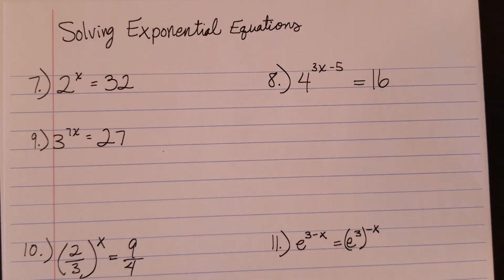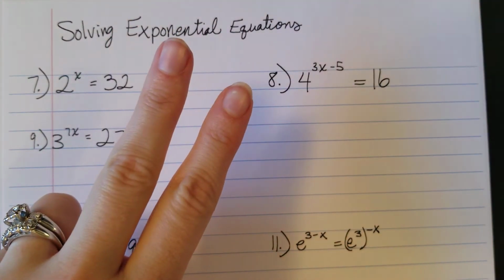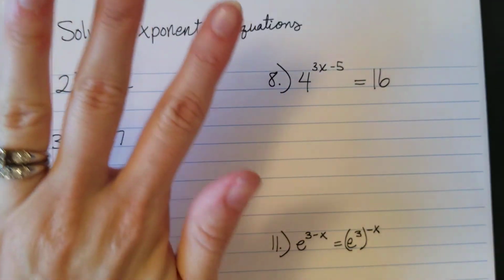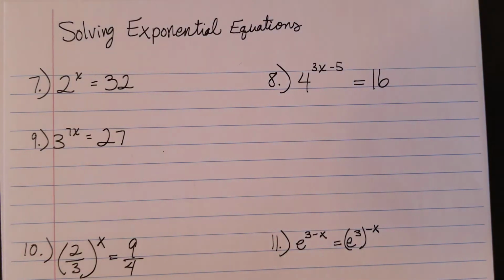So I'm just going to ask myself, 2 to what power is equal to 32? Well, I know that 2 times 2 is 4, times 2 is 8, times 2 is 16, times 2 is 32. So 2 to the 5th power is the same thing as 32. So that's a pretty easy one.